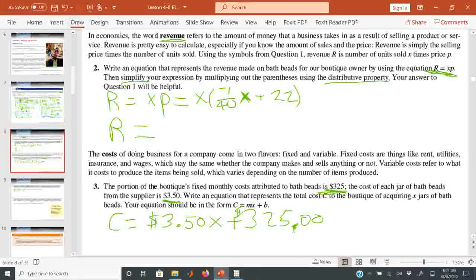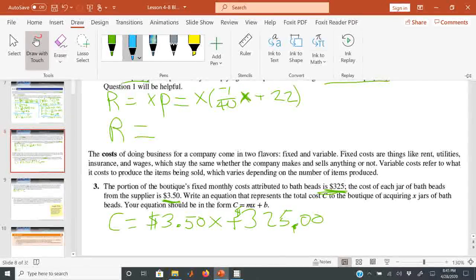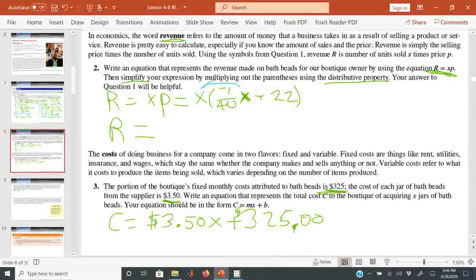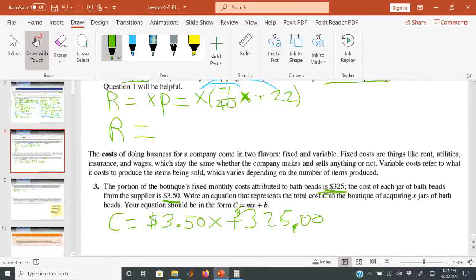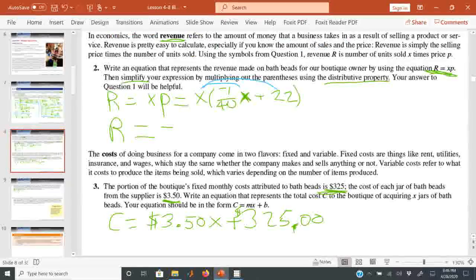But at any rate, to do the distributive property, a lot of people like to draw the lines. We multiply x times negative 1 over 40. x times x is x squared, and x times 22 is 22x.